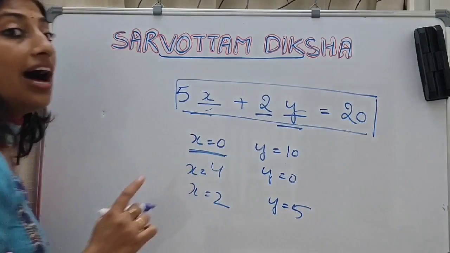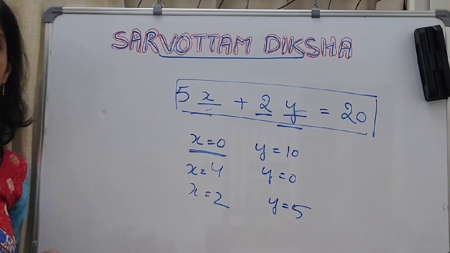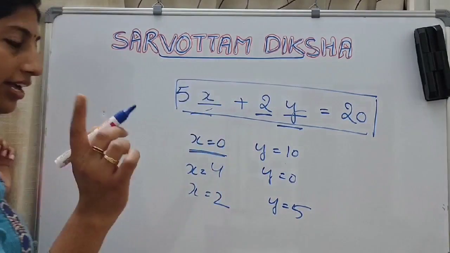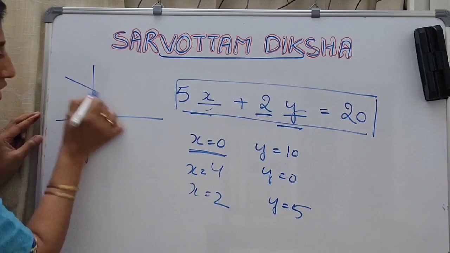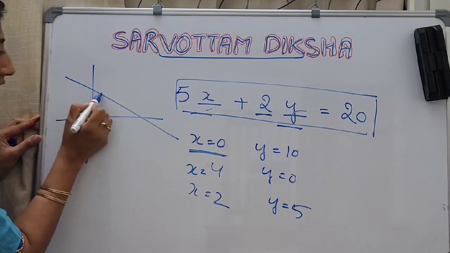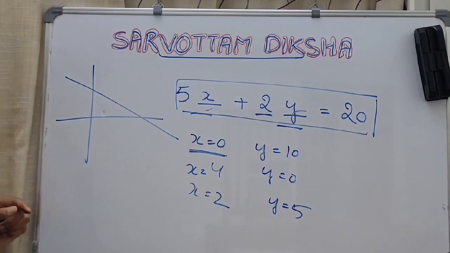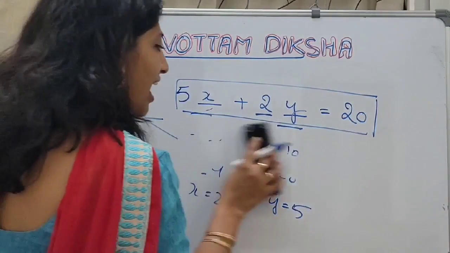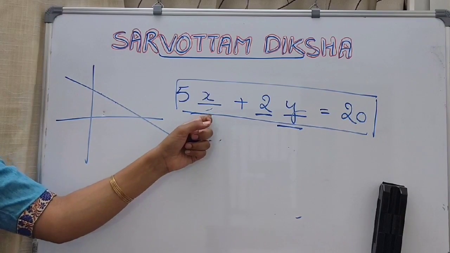But I want a particular value which I have spent here. So I need one more condition. If you see, this will give me a straight line, and this plotting you have already done in 9th grade. So each and every point on this line is satisfying this condition, but I want that particular set which I have spent. Now I remember that I have taken this ride 3 times lesser than this.